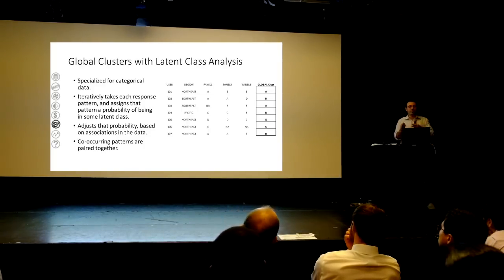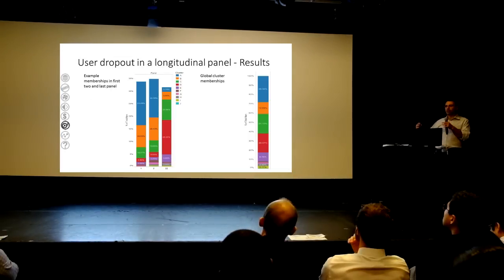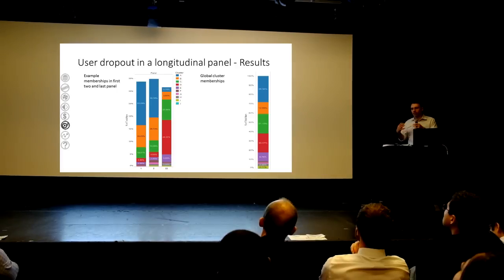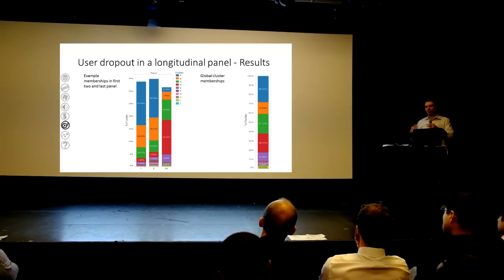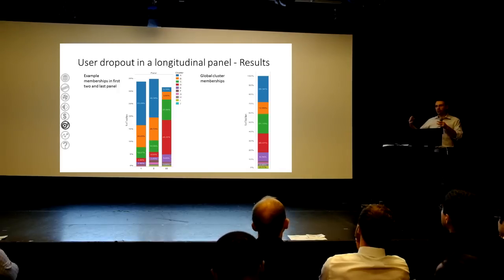How would all those users be grouped? So we reweigh the panel with this global cluster. And what that does automatically is it makes each panel more or less representative of the data that we would have seen had there been the full million users.